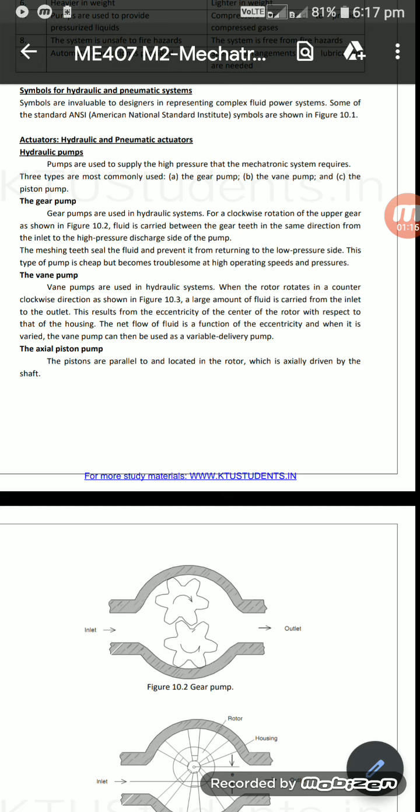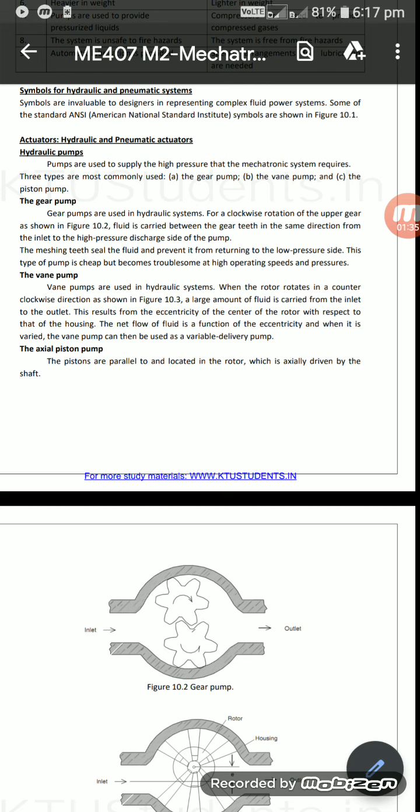This gear pump is used for forward or backward directions, that means clockwise or anti-clockwise. So for this gear pump we have to use clockwise direction.